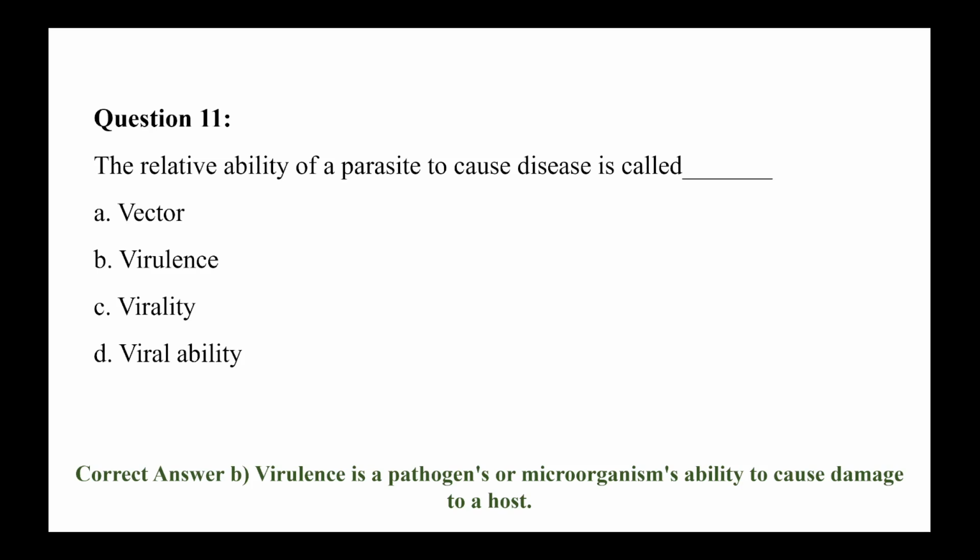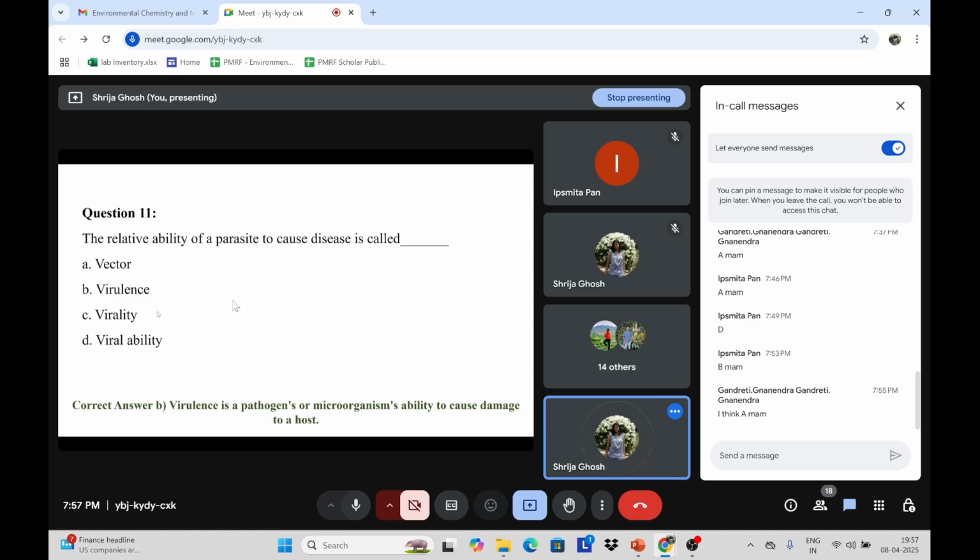So whatever insect is carrying the microorganism is called the vector, and virulence is the ability of a microorganism to cause damage to the host. Is that clear? Yeah, ma'am. Okay.